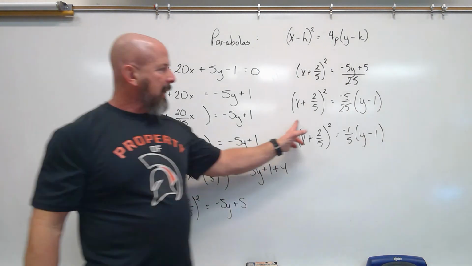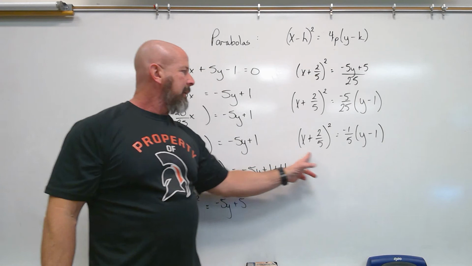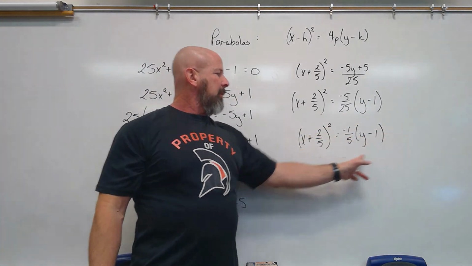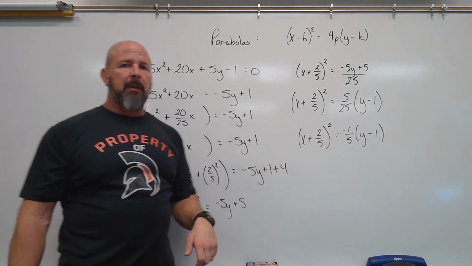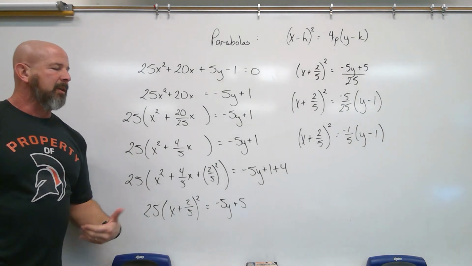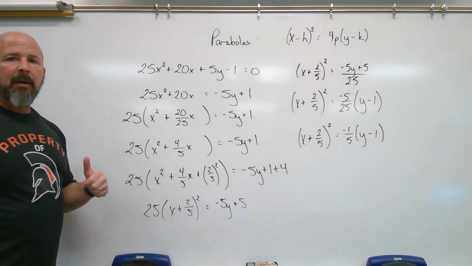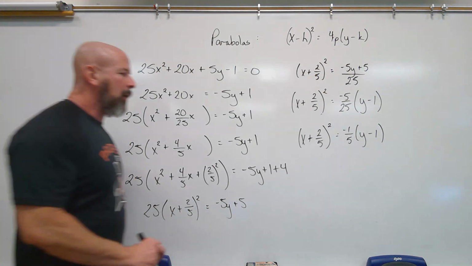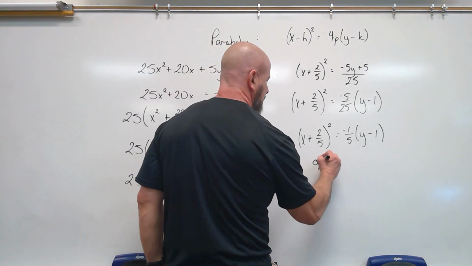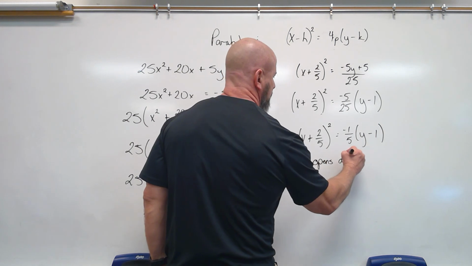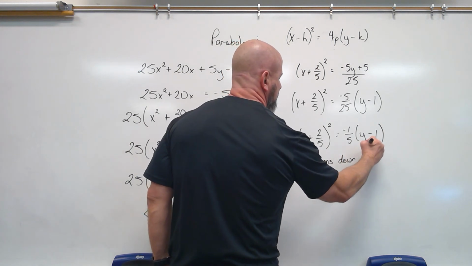This is now my standard form of that parabola. So let's look at some pieces here. First off, I know this parabola opens down. So in other words, it looks something like that.